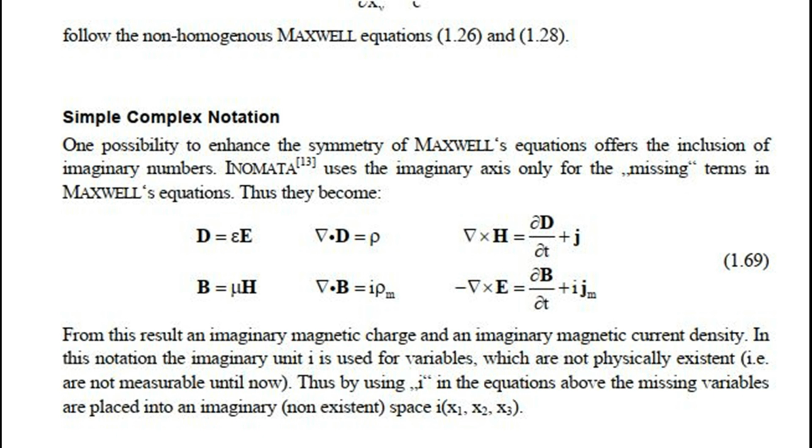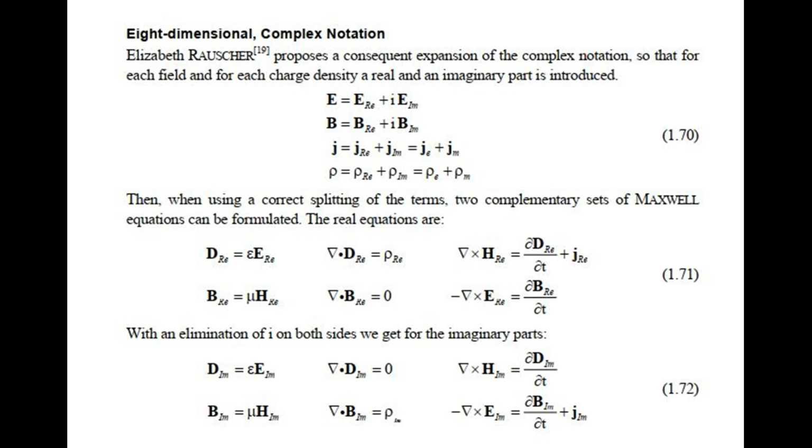In this notation the imaginary unit I is used for variables, which are not physically existent, i.e. are not measurable until now. Thus by using I in the equations above the missing variables are placed into an imaginary, non-existent, space I x1, x2, x3.